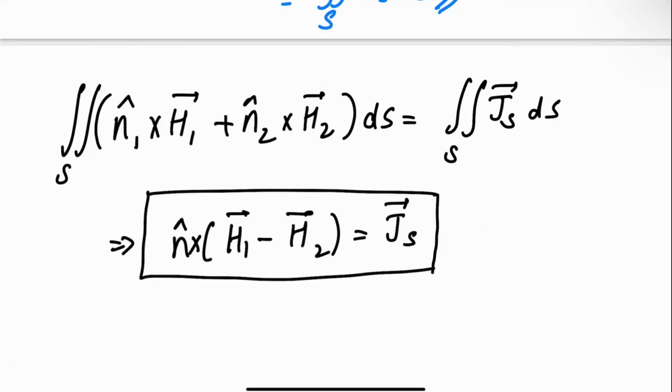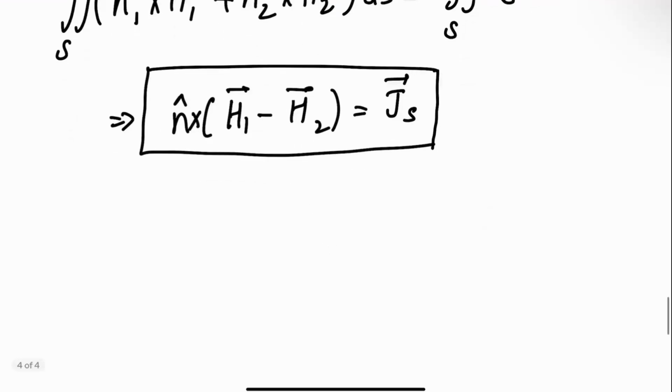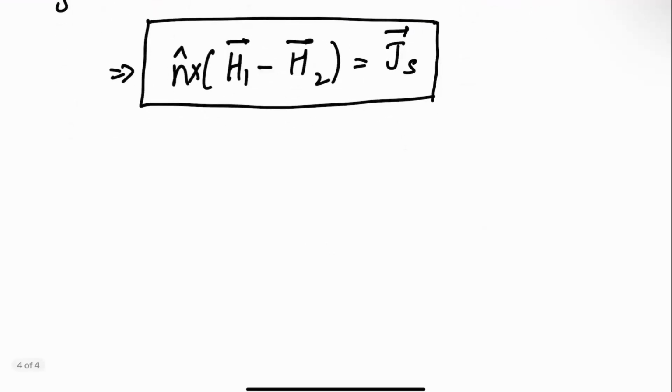The magnetic field follows a slightly different boundary condition. So what is this boundary condition saying? It's saying if I have a magnetic field, now n hat cross means it's a tangential component, on one side, and on the other side, in the other material, I have a tangential component that's a little bit different, then there has to be a surface current flowing at this interface.